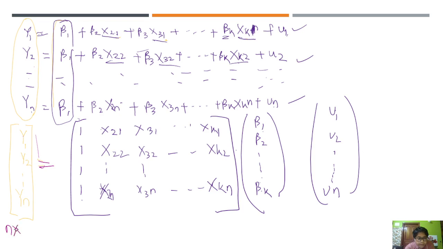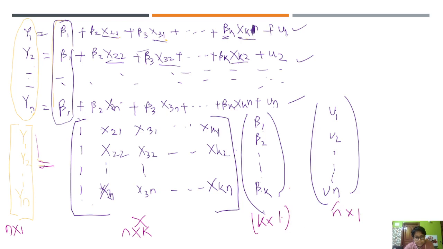This is an n into 1 matrix, that is n rows and 1 column. Similarly, this X matrix is n into k, so n rows and k columns. And then you have this, which is k into 1, and this is n into 1.